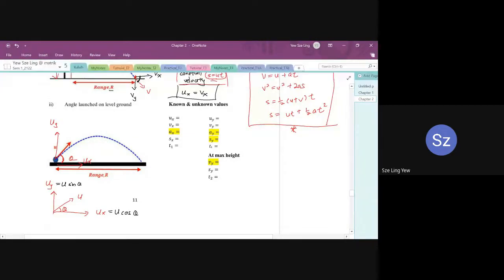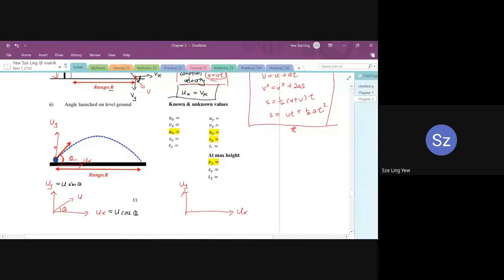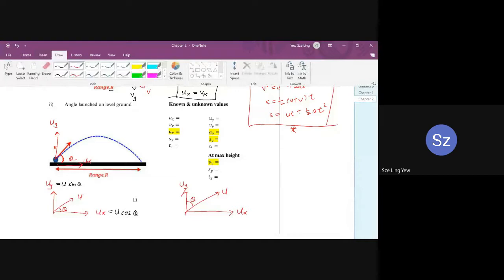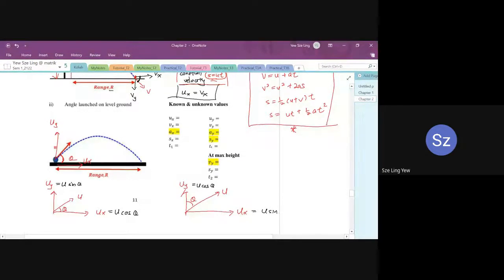So if you are given the angle beside the Y component, then it will be different. If this is your Uy, this is your Ux, and this is the U, and the angle given is here, then what will happen is that you are going to use Uy equals U cos theta, and then Ux equals U sine theta.